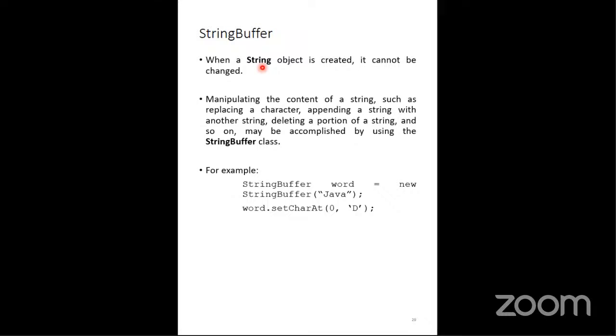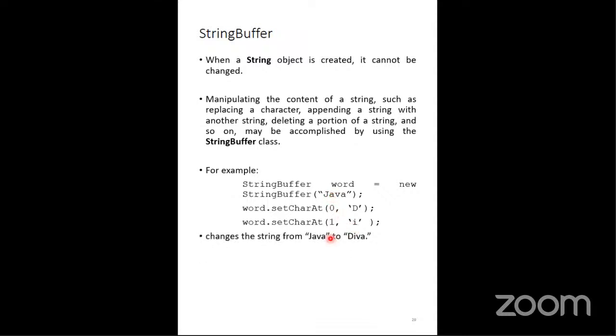I cannot change anything. But since here I have created a StringBuffer class object, I can modify any particular letter of this string. For example, I am setting the character at the 0th position, which is capital J, replacing it with the character D. Then word.setCharAt(1, 'i'). Now 0 is replaced with D, and character 1, that is small a, I am replacing with i.